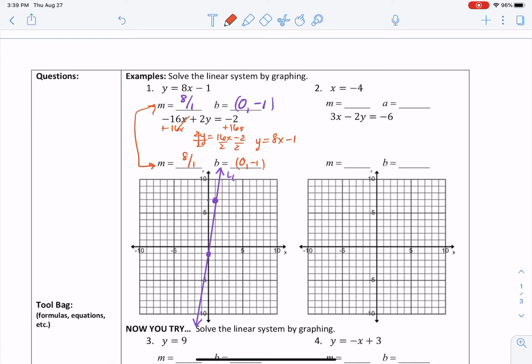So what's that going to tell us about the lines as we graph? I go (0, -1), and then up 8, right 1, and so when I graph, the lines are on top of each other. They are the same line. That means that I have infinite solutions.